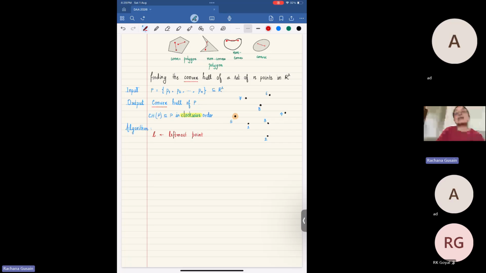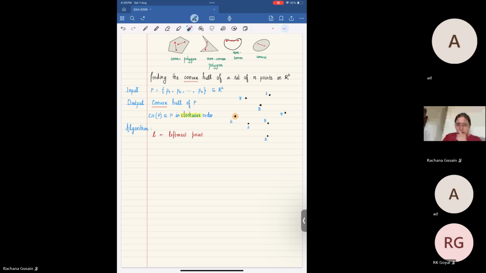It's like the selection sort algorithm. In selection sort, first you scan the entire array and find the minimum element. In each iteration, you find the minimum element in the remaining set of the array. The same thing we are doing here. Here, it's not the minimum, it's the leftmost point.